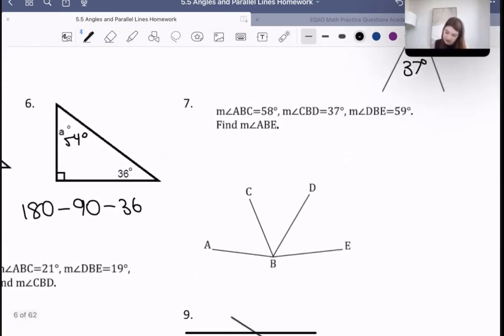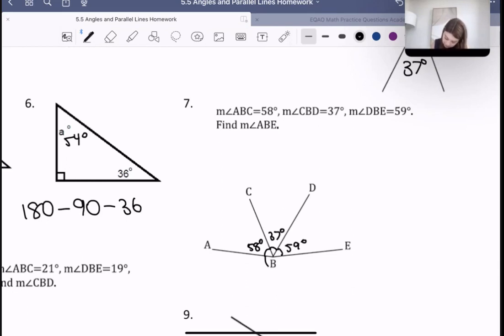Then we have number 7, where we have angle ABC is 58 degrees. And then we have angle CBD, which is 37 degrees. And then we have DBE, which is 59 degrees. Find ABE.